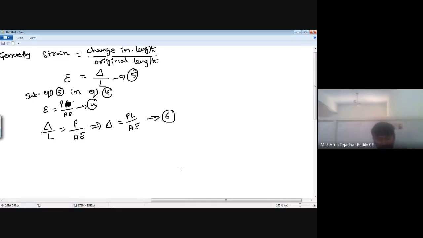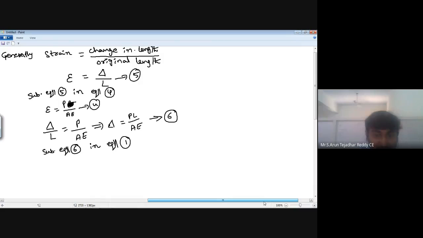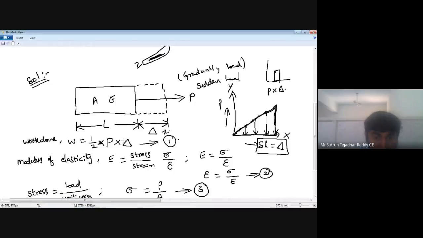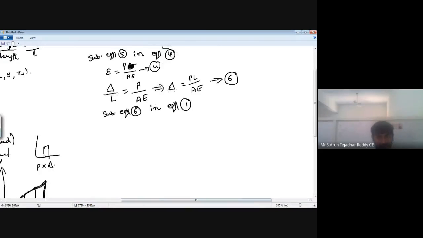Now substitute equation 6 in equation number 1. Why? Because see, in our equation number 1, delta is unknown. So due to that unknown value, we have calculated just now delta is equal to PL by AE.